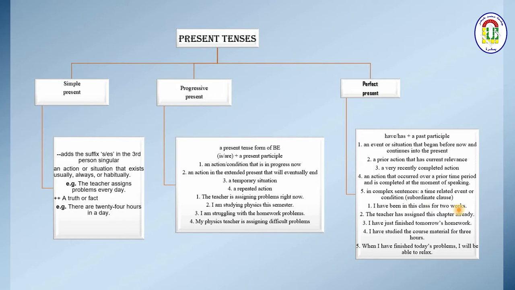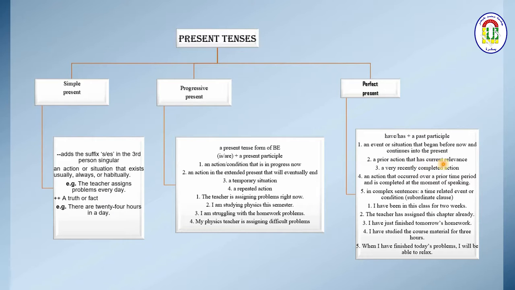Example of this: I have been in this class for 2 weeks. So here it is an event or situation that began before now and continues into the present, till the moment of speech.